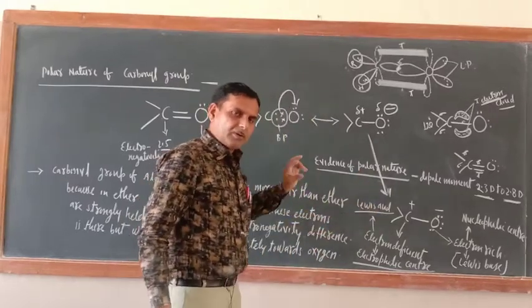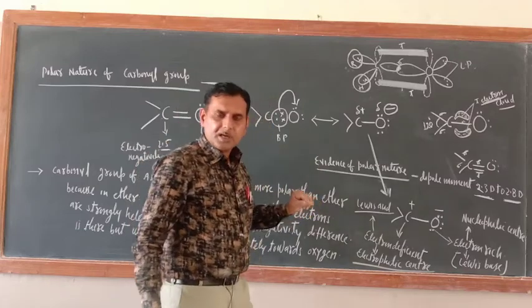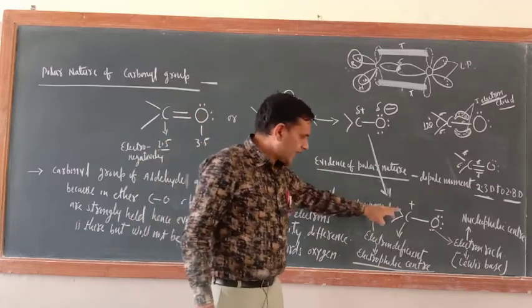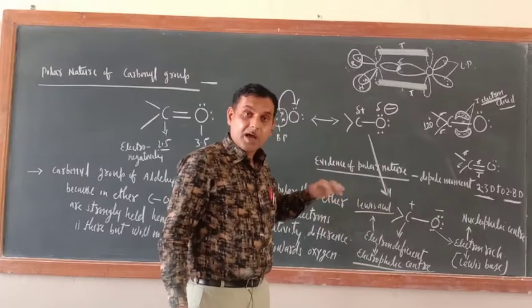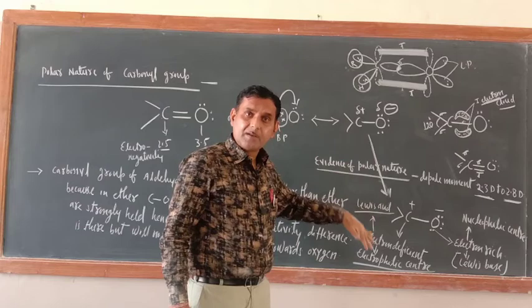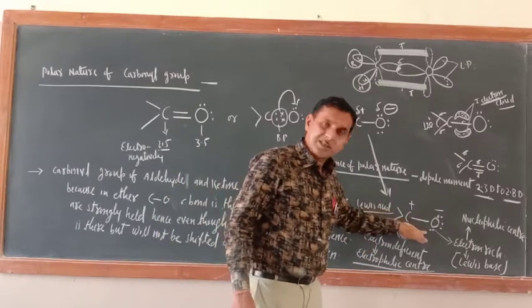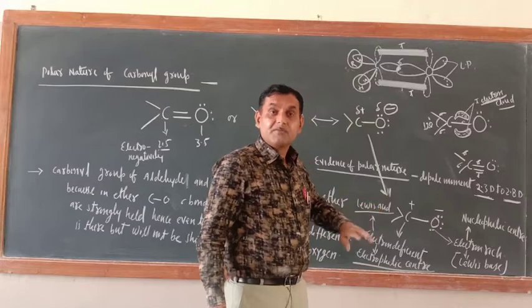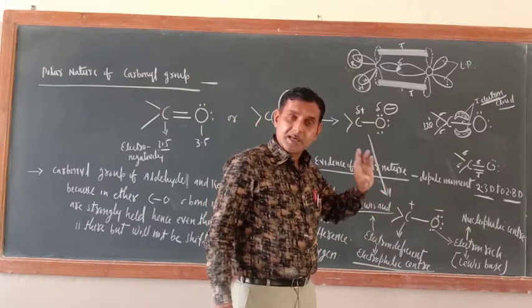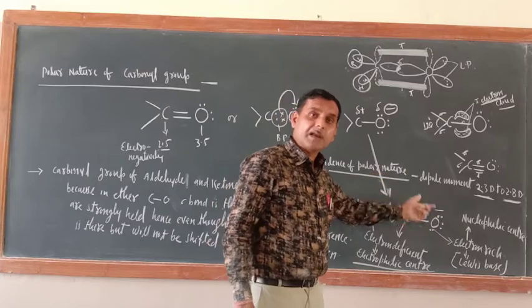Now try to understand here, that is the most important thing. Now at carbon who will attack? Carbon is the electrophilic center, the electron deficient center, so a nucleophile will attack here. And at oxygen, who will attack? At oxygen the electron density is more, so an electrophile will attack here.